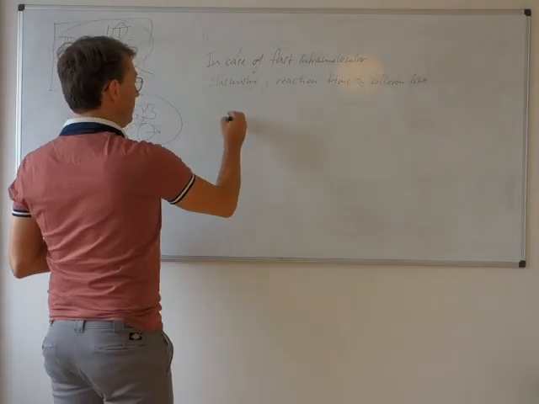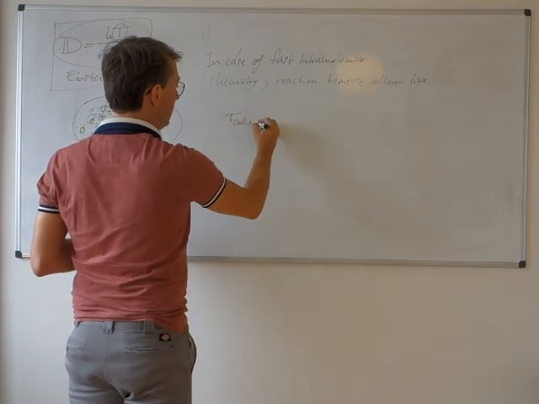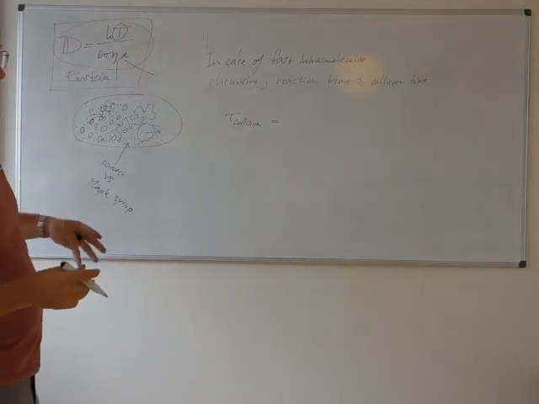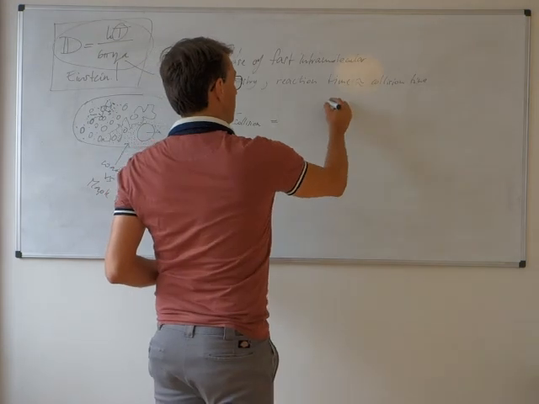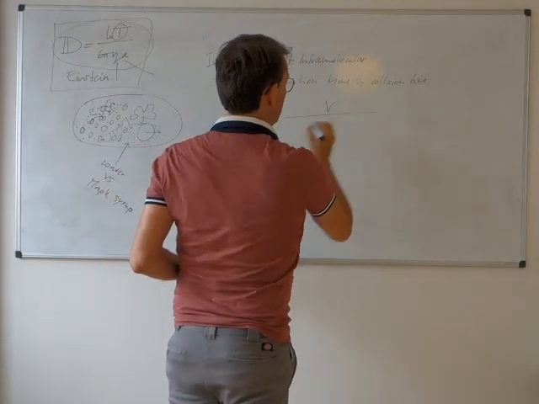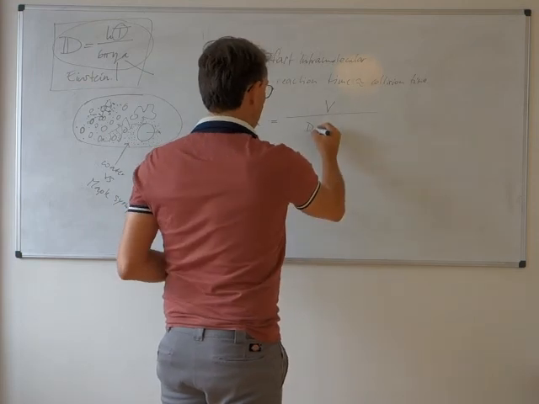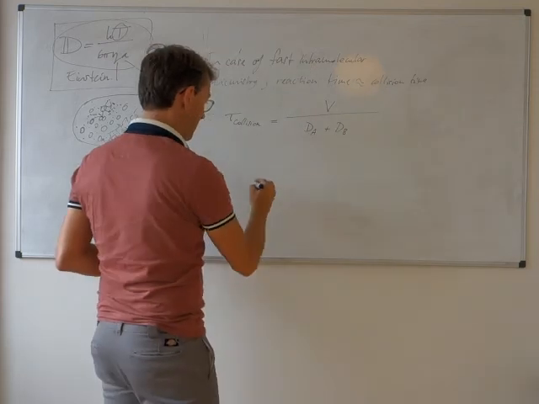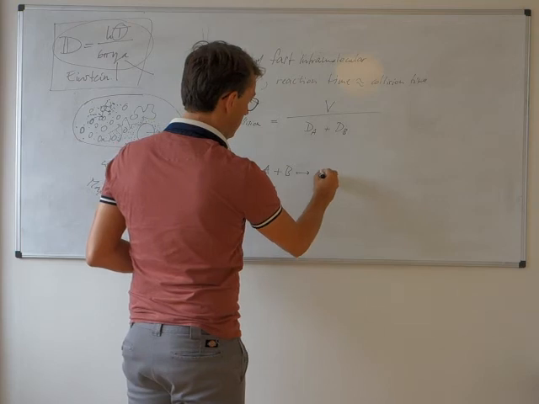So now this collision time, tau, is going to depend on the volume of the cell, because if two molecules want to find each other in a large volume, it's going to take longer than if they find each other in a small volume. It's going to depend on their diffusion coefficients, of molecule A and of molecule B, if we consider the formation of the complex AB.